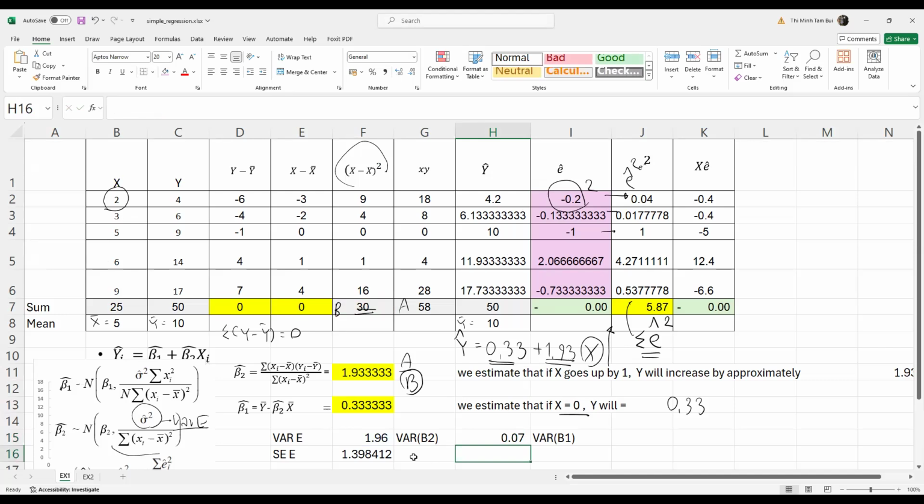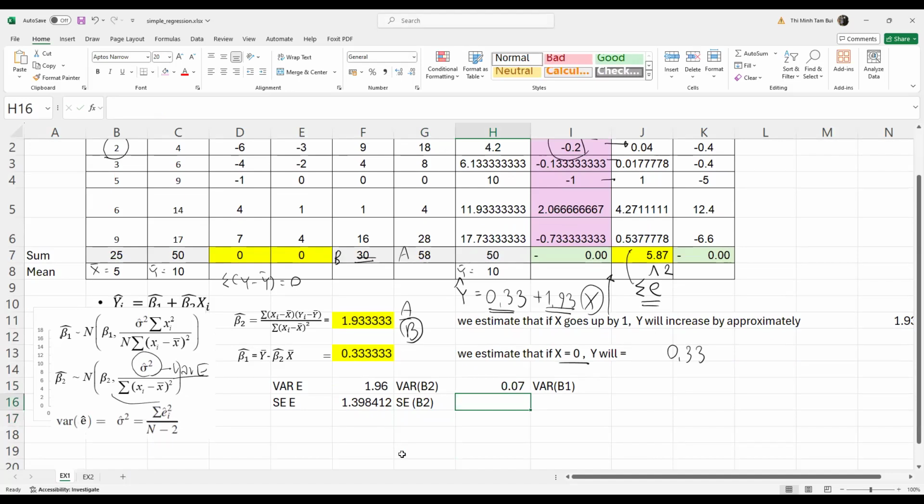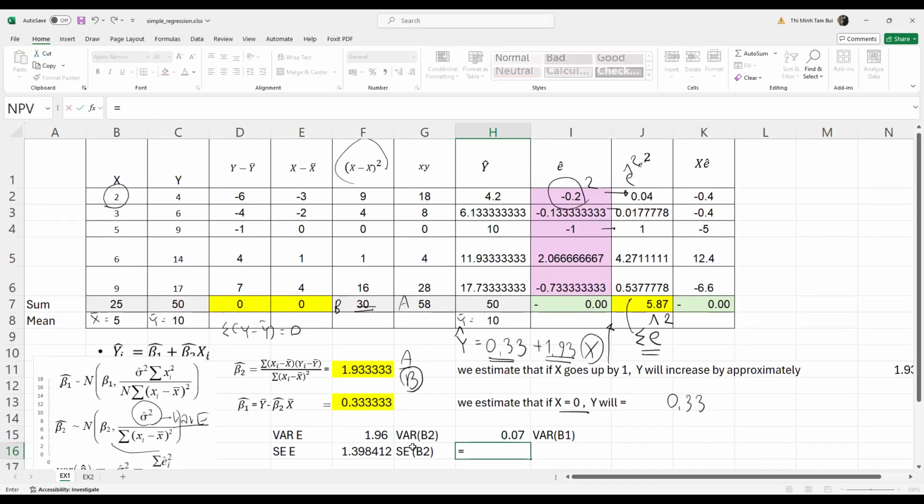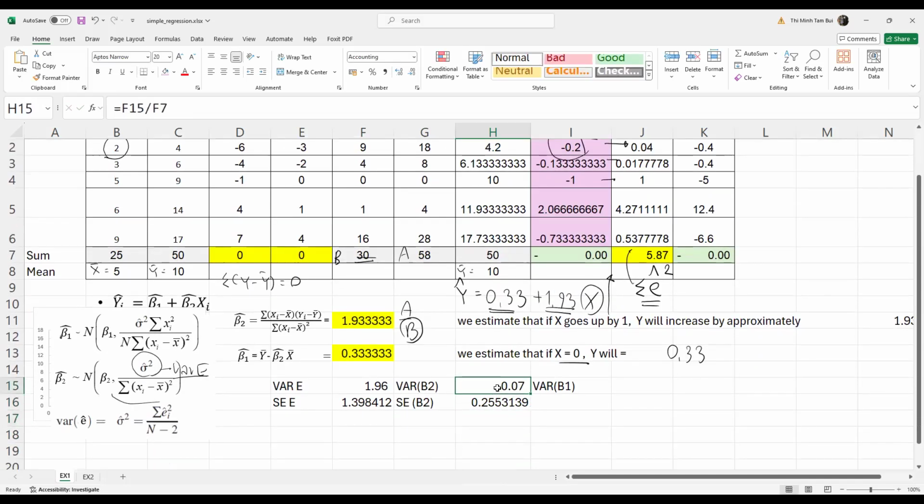Then to calculate standard error, which is very important in the next class, you can use square root, SQRT, square root of the above number.